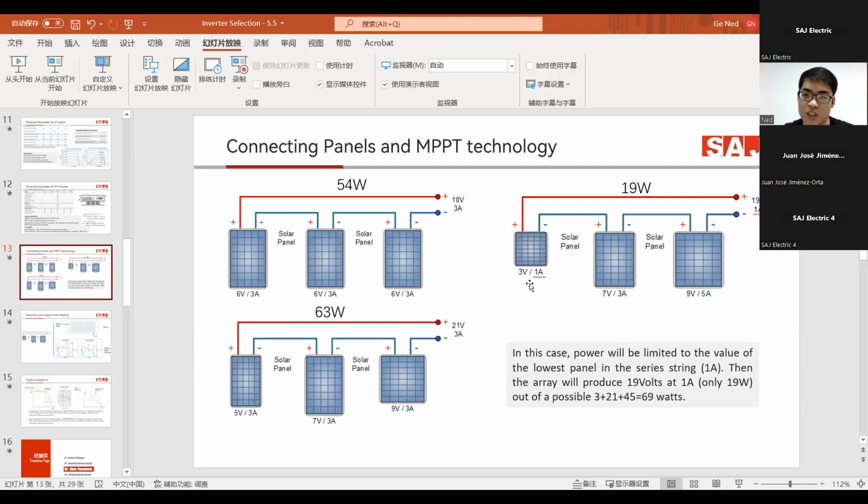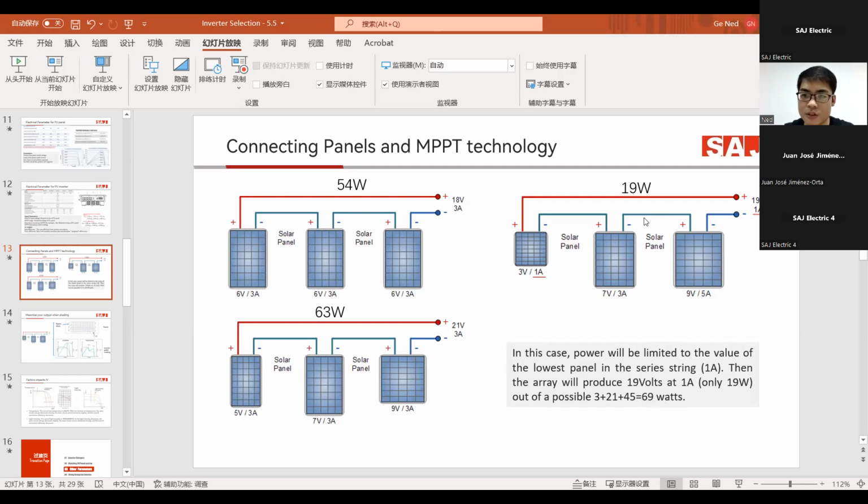But when you add up the possible power here, first is 3 watt, then 21 watt, and the third one is 45 watt. So when they add together, it can actually offer 69 watt.